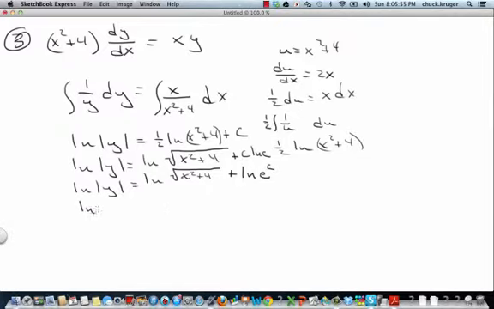Well, that's the same as the natural log of y is equal to the natural log of e to the c power times the square root of x squared plus 4. Now I'm exponentiating both sides, and I can say that y is equal to e to the c times the square root of x squared plus 4.